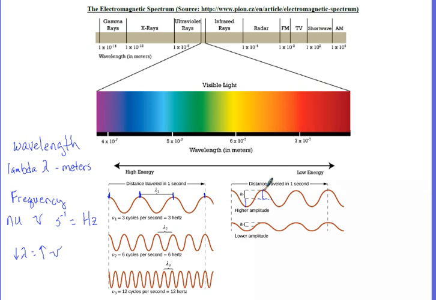The top of a wave is called a crest, the bottom is called a trough. An amplitude is the distance from an equilibrium position, a rest position, to the crest or to a trough. Or it's 1/2 of the distance of the entire thing. So whatever 1/2 of that is an amplitude.